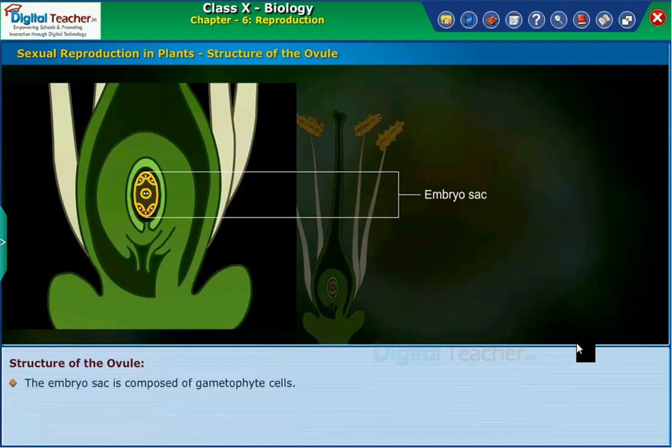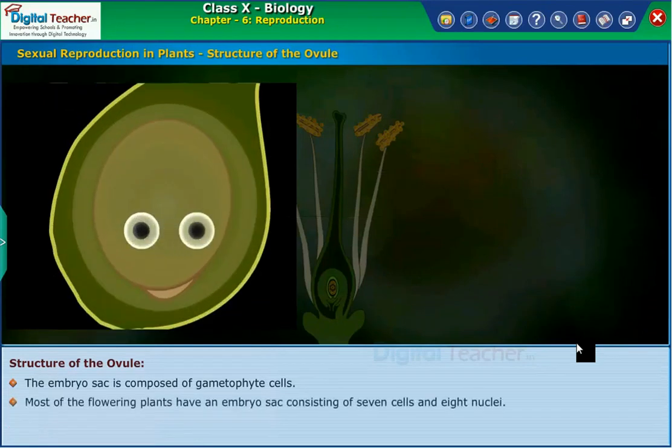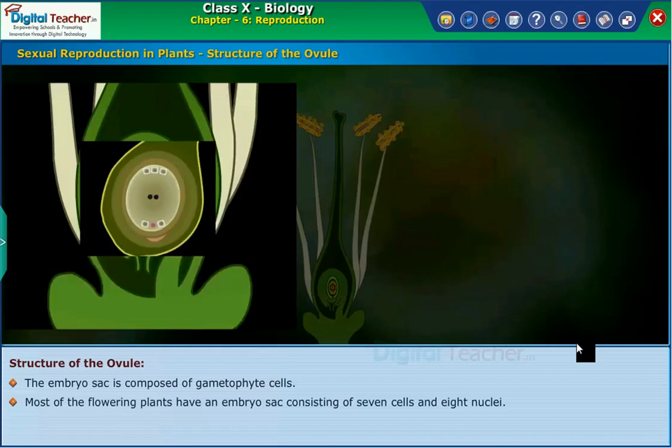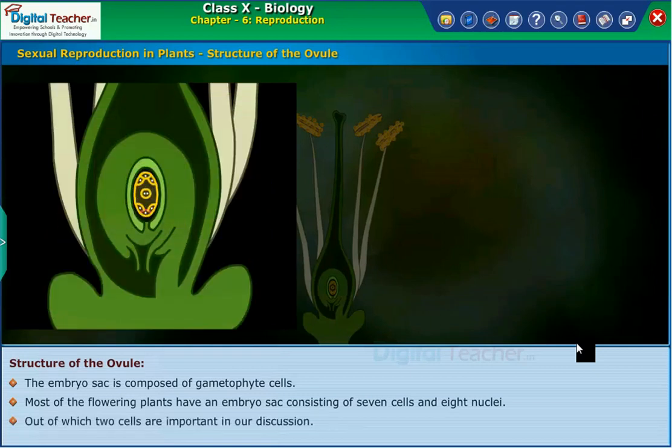The embryo sac is composed of gametophyte cells. Most of the flowering plants have an embryo sac consisting of 7 cells and 8 nuclei, out of which 2 cells are important in our discussion.